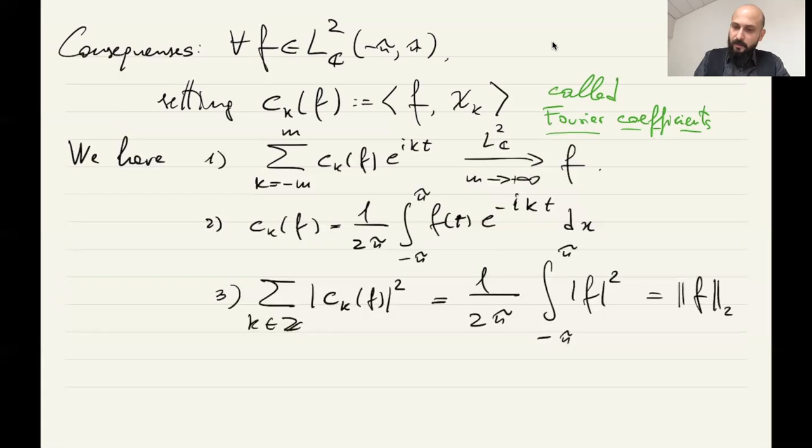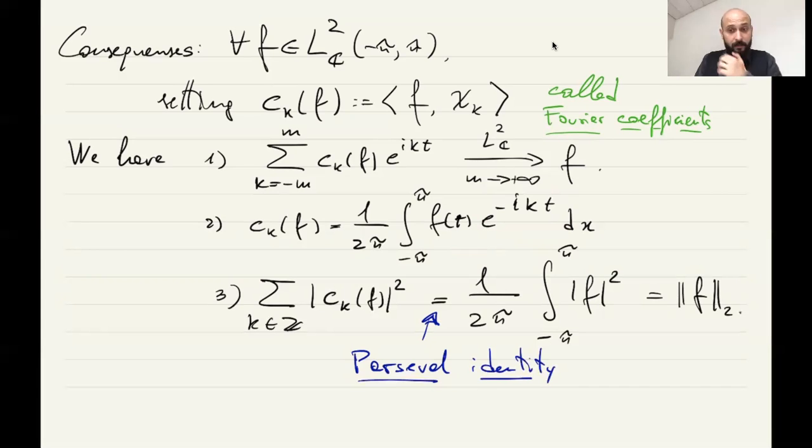This last property is also called the Parseval identity. Okay, so these are an immediate consequence of the fact that we are taking the coefficients with respect to a Hilbert basis.